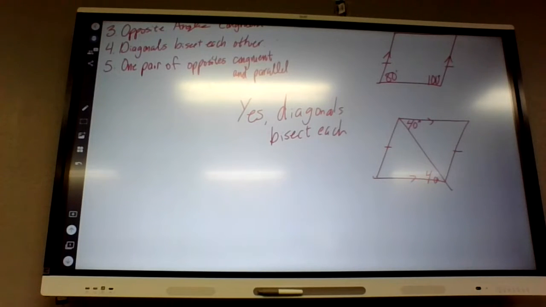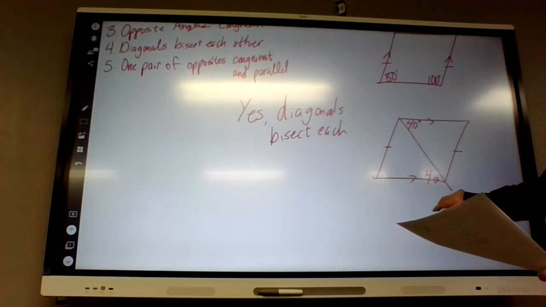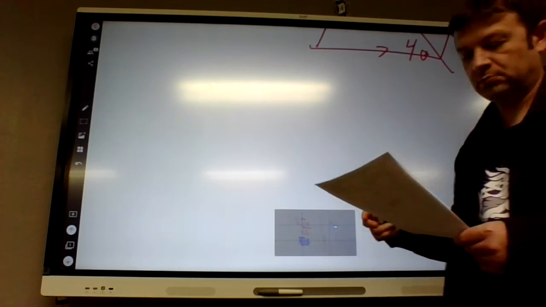Number 9. It says find the value of x and y that ensure that the quadrilateral is a parallelogram. How could we find x for number 9? 3x plus 60 plus 60 equals 180.